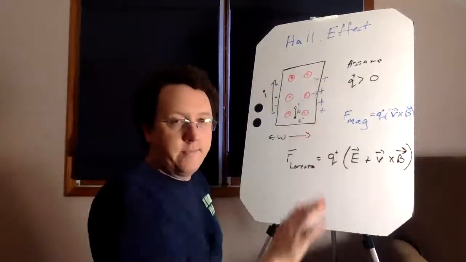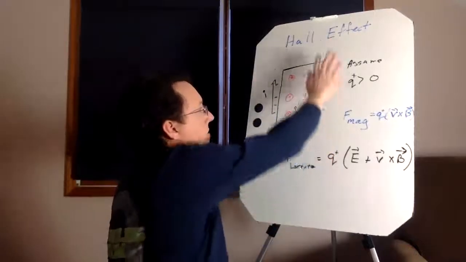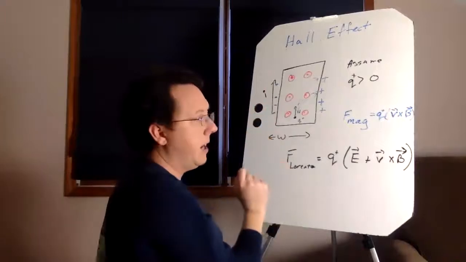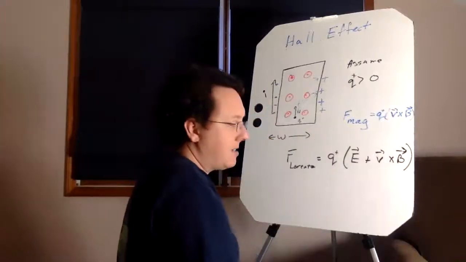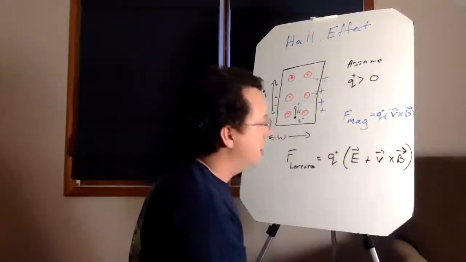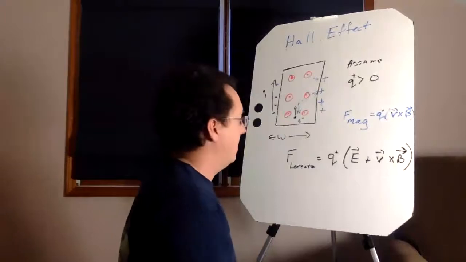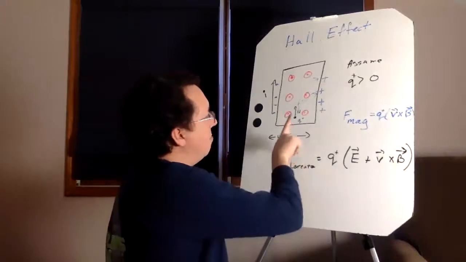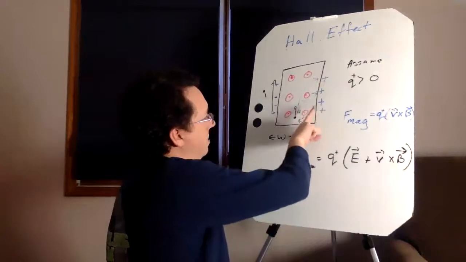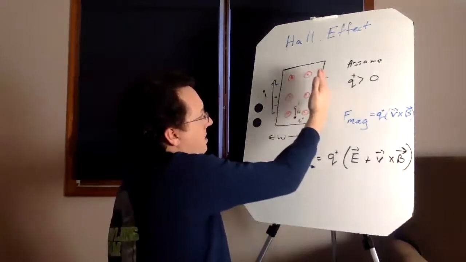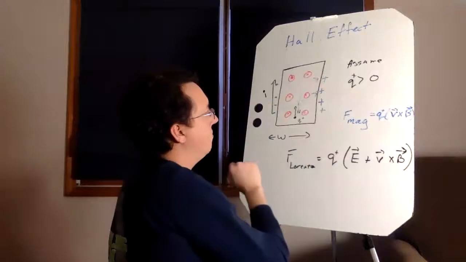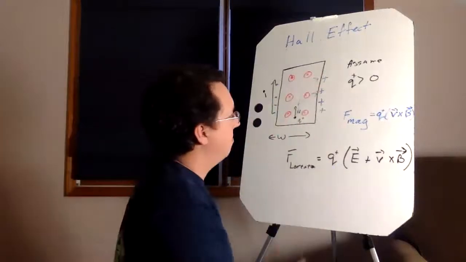And eventually you get a huge pile of charge here, a huge pile of charge here. And then you follow what happens to the last bit of charge once you reach steady state. Well, once you reach steady state, what's actually going to happen is you get a balance between the positive charges on one side pushing, electrically, versus the magnetic force pushing it to the right.